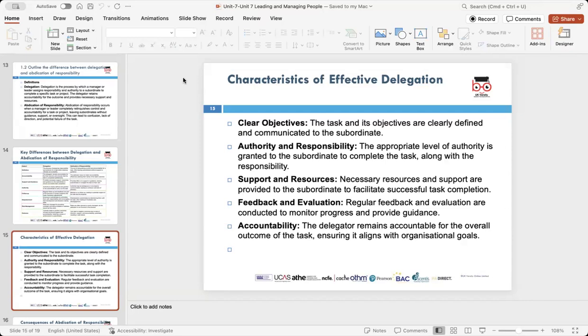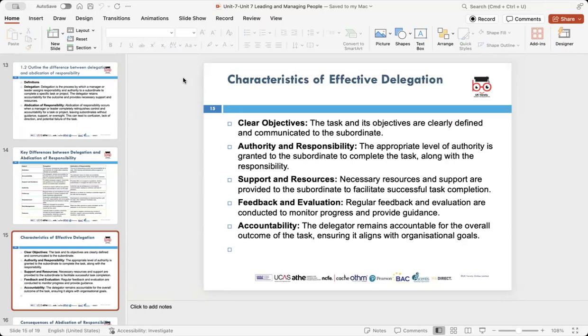First, the task and objectives must be clearly defined so the employee understands what is expected. The manager should grant the right level of authority and responsibility to the employees to complete the task effectively. Providing the necessary support and resources ensures the employees have the tools they need to succeed.